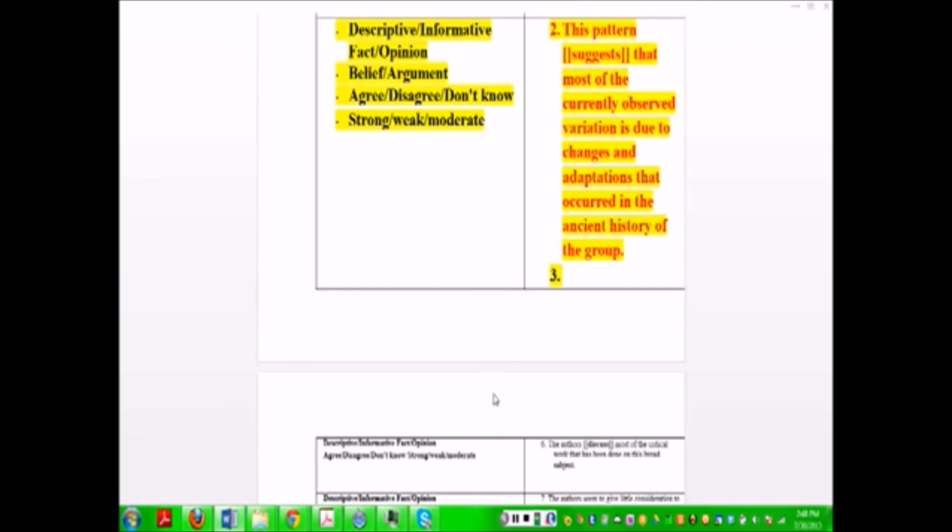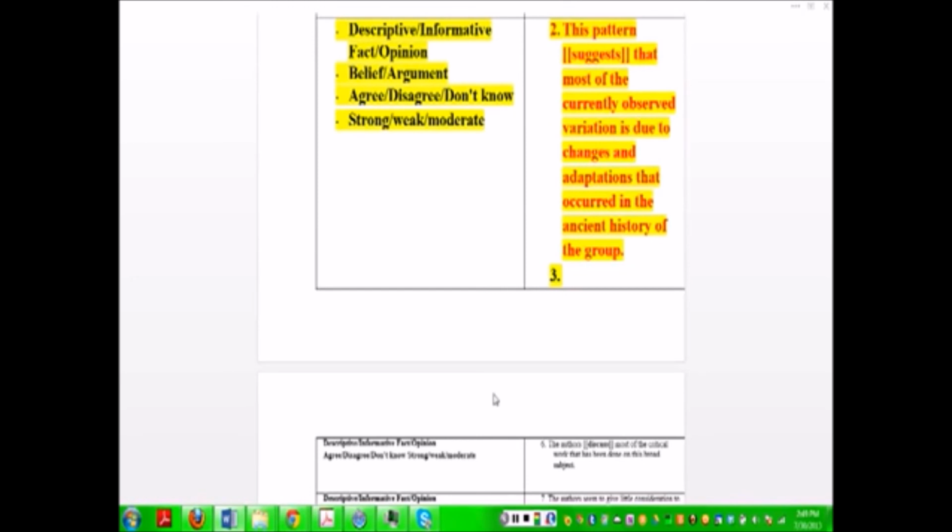You said this suggests a pattern, but here it takes a that clause, so it's informative. And it's an opinion that most of the currently observed variation is due to changes. That's somebody's opinion. It's not clear that it's an argument, so you have to assume that it's a belief or an opinion. And it's not clear whether the person agrees or disagrees, and it's a moderately expressed opinion.